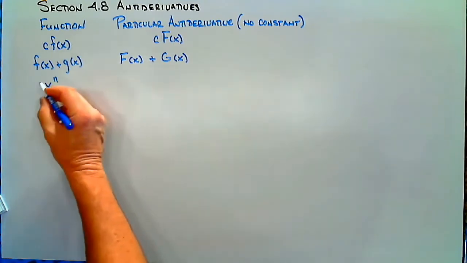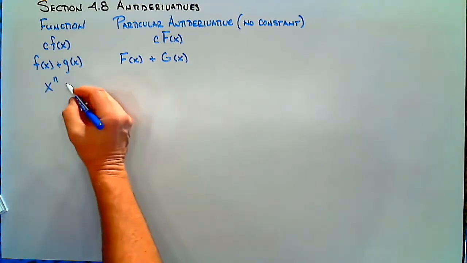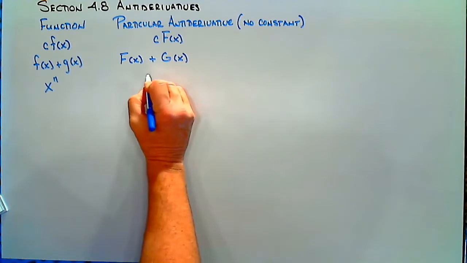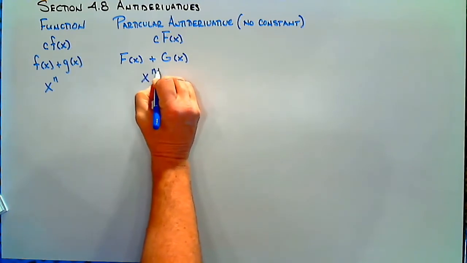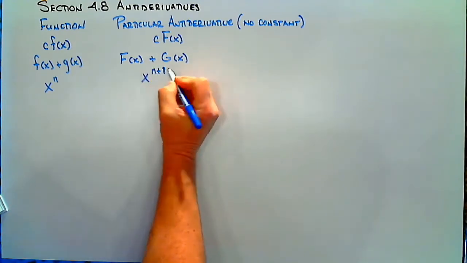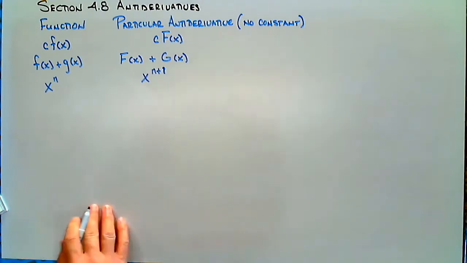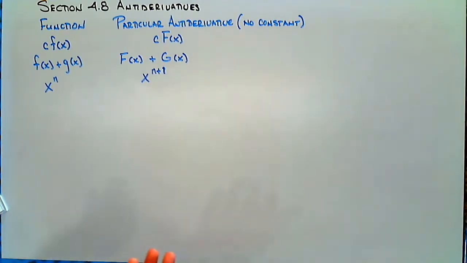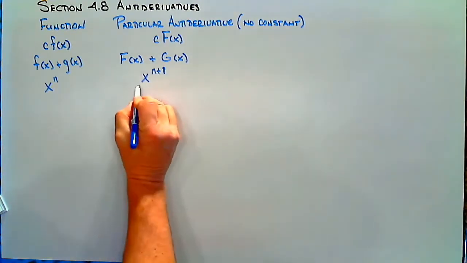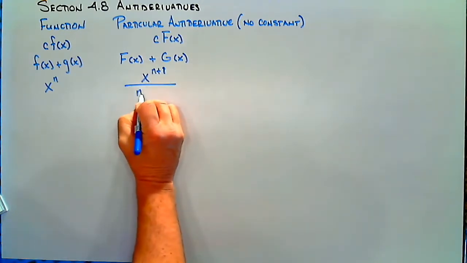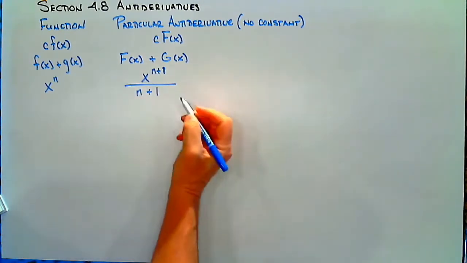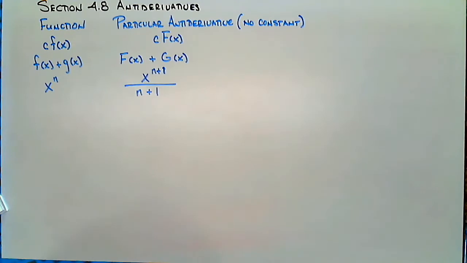So the idea here is, if this is a 2, I want this to be a 3. So if it's a 2, I want it to be a 3, I add 1. Then I divide by 3, so I will divide by n plus 1.